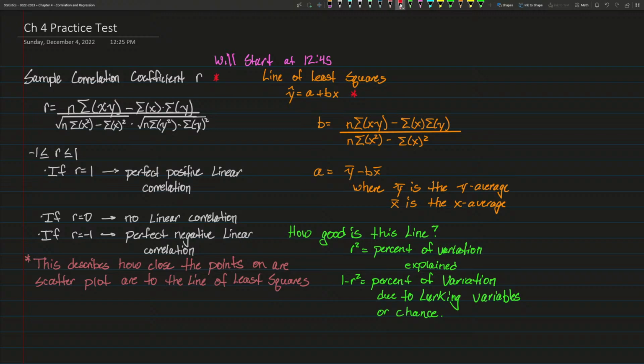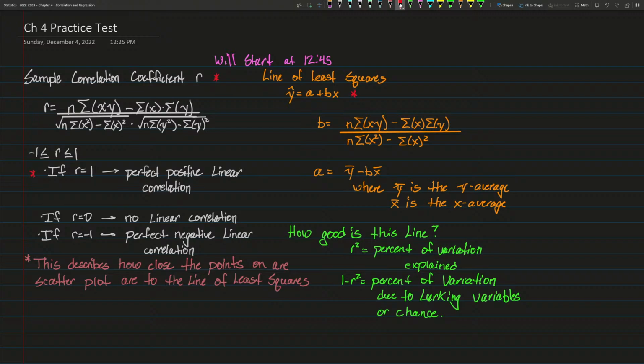So if it's 1, and I have this written over here, all of our scatter points are exactly on a line and it's a positive slope. If R is 0, our points are just kind of scattered all over the place. If R is -1, then it's also a perfect line, but it's going in a negative direction, right?